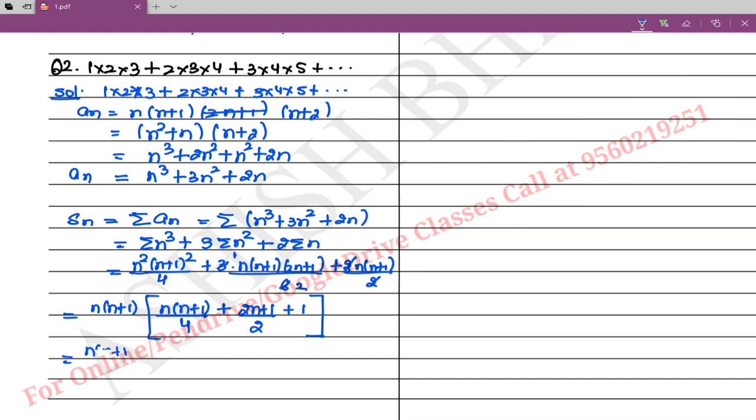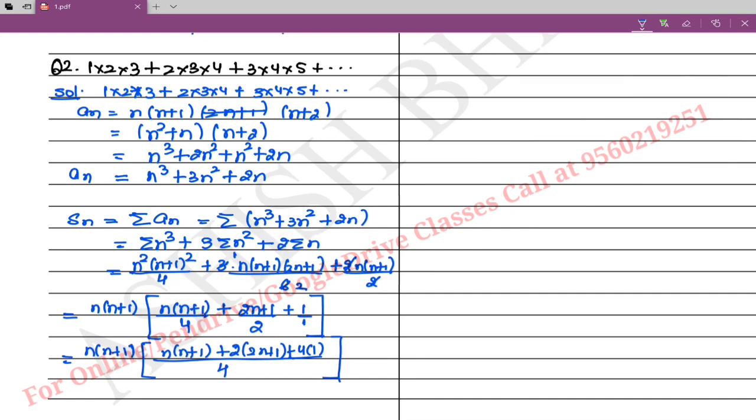Now the best or the natural way to solve this question is by taking the LCM. So LCM would be 4, it would be n into n plus 1. Now here denominator is 2, so we have to multiply numerator by 2, so 2n plus 1, and for this one the numerator is 1 and denominator is also 1, so we have to multiply it with 4.